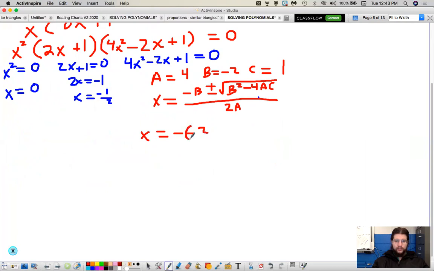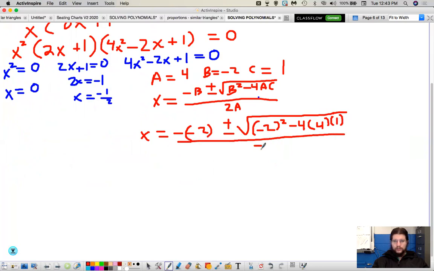I suggest putting that in parentheses. Plus or minus square root. Anytime you plug in something, put it in parentheses so you don't screw up your signs. All of that is over 2 times 4.